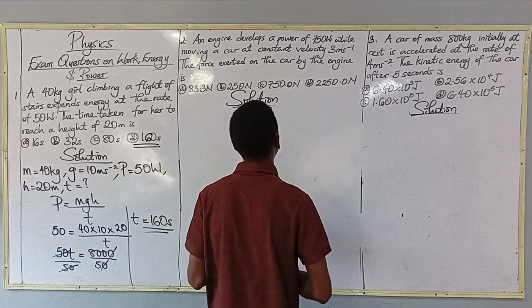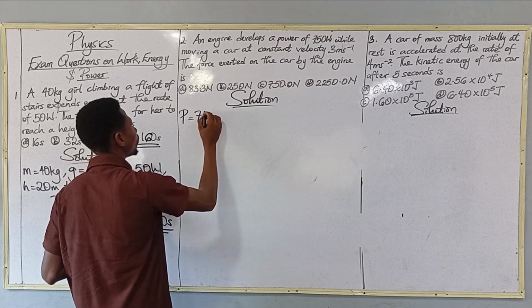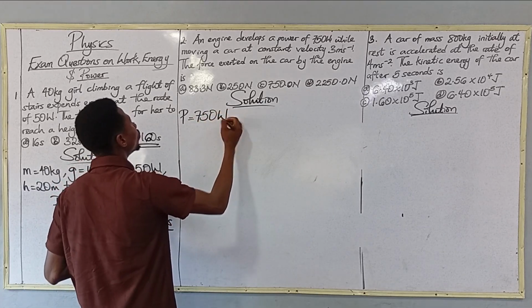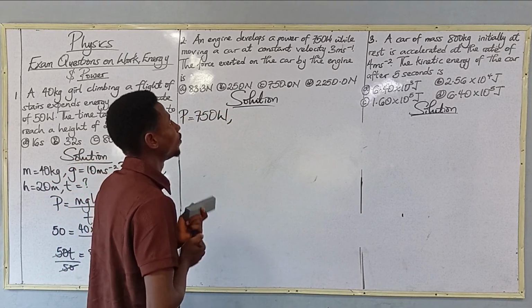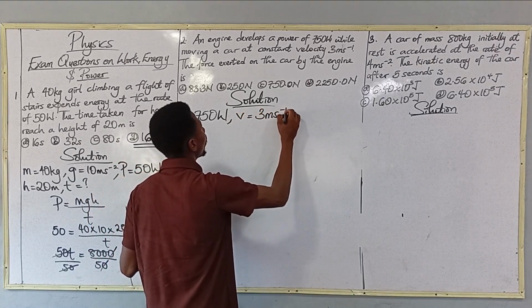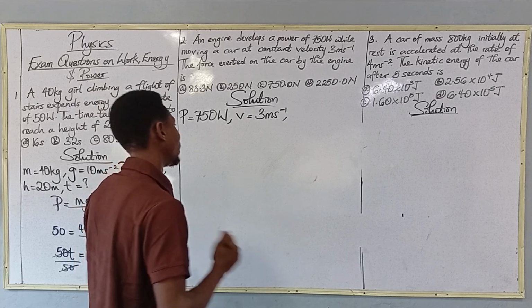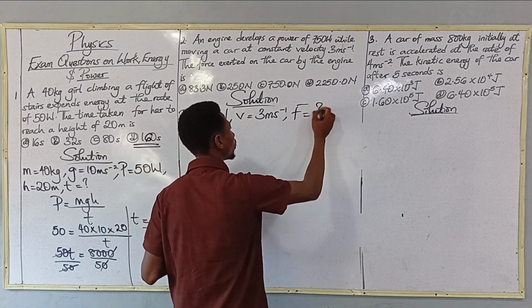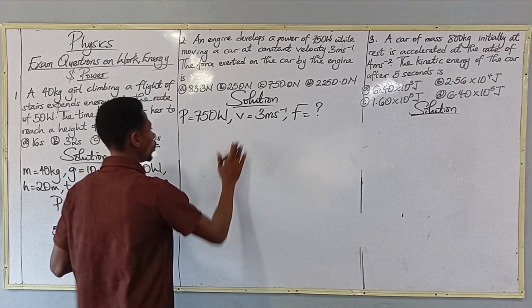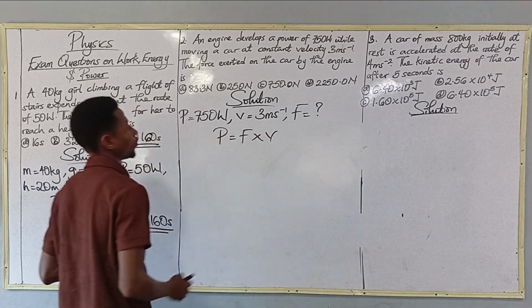An engine develops a power of 750 watts while moving a car at constant velocity. The velocity of the car is 3 meters per second. The force exerted on the car by the engine is, we know that power is force times velocity.